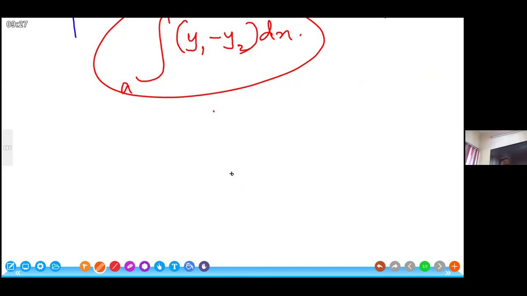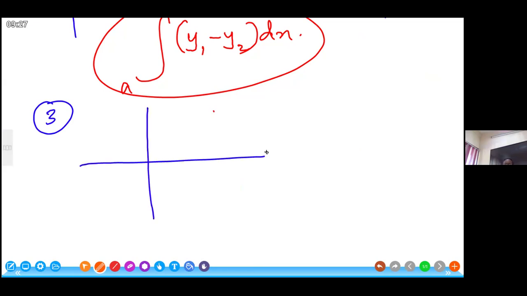Right. So these are the most important applications that we come across. Then the third application. Earlier, for a given range of x values, we found the y value. Now vice versa.